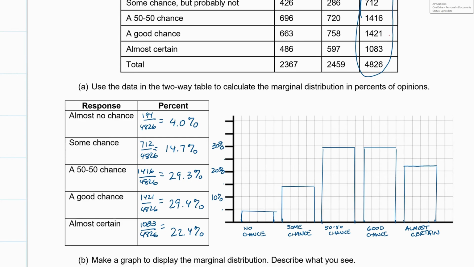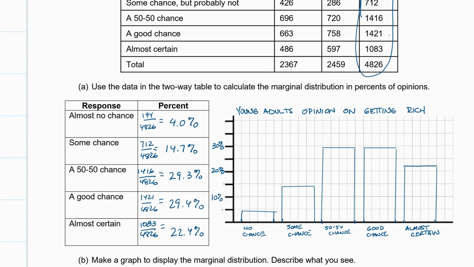Who were the people being interviewed? This was young adults, and this is their opinions on getting rich. All right.